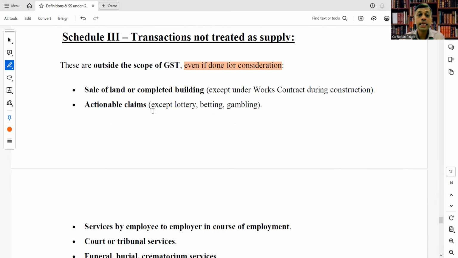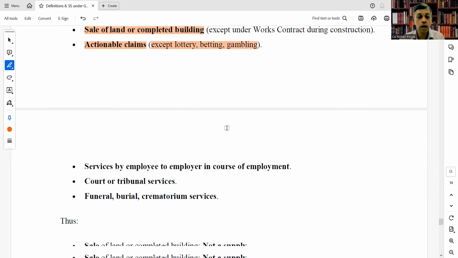Sale of land or completed building, except under works contract during construction, is a transaction not treated as supply. Actionable claims, we have learned this definition, except lottery, betting, and gambling. Lottery, betting, and gambling are liable to tax and covered under supply, but actionable claims are not treated as supply.